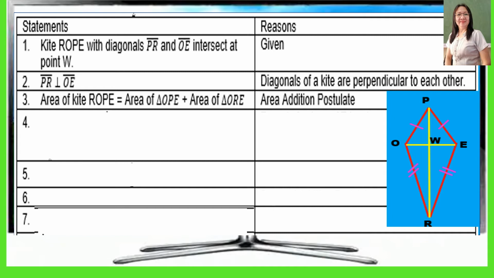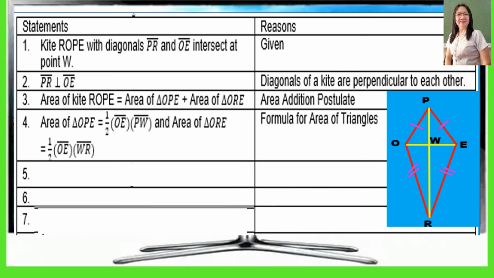Now, by using the formula for the area of the triangles, the area is equal to 1/2 times the base OE times the height PW. And the other triangle, ORE, is 1/2 times the base OE times the height WR.